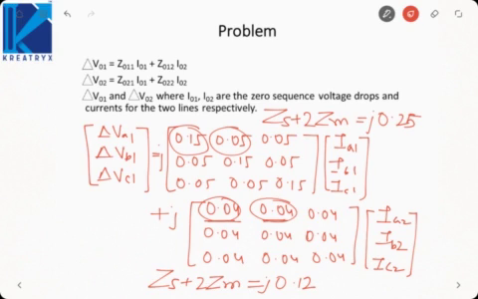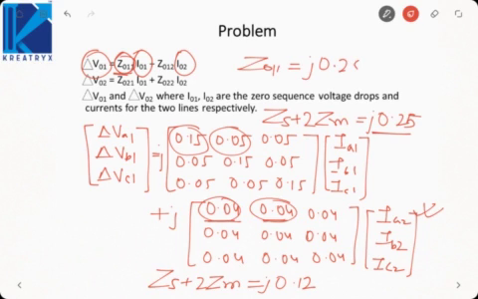Now, if you see, the zero sequence voltage in line 1 depends on zero sequence current in line 1 and zero sequence current in line 2. So the impedance Z011 is, if we neglect the line 2 current, that is IA2, IB2, IC2, the zero sequence impedance, that is j0.25. So Z011 is j0.25. Now, Z012 is the zero sequence impedance if we neglect I01, that is, we neglect this matrix. So what we are left with is only this matrix.